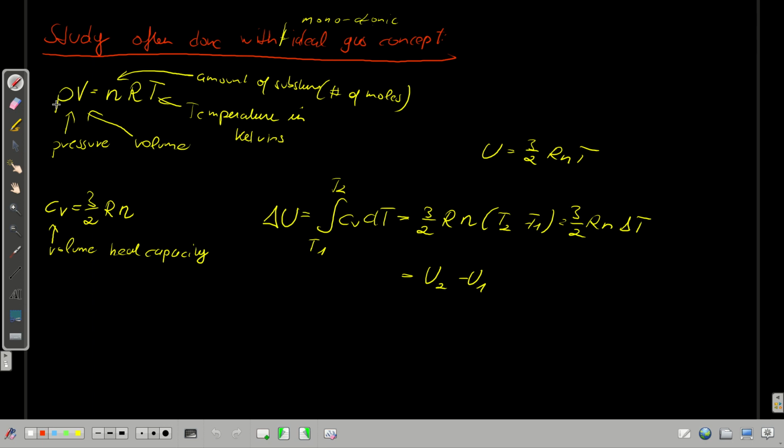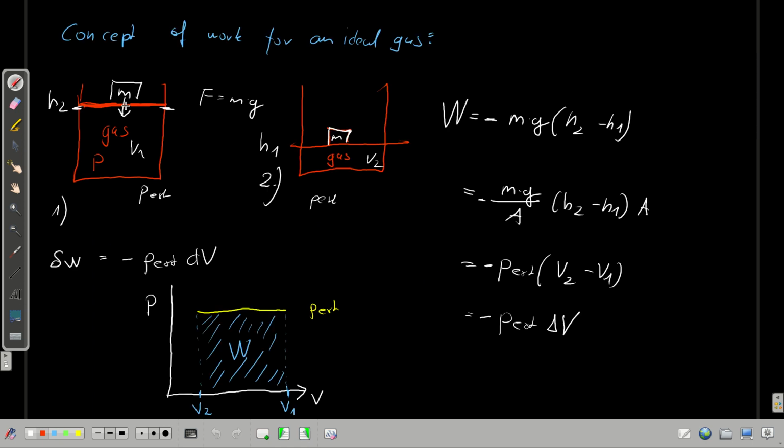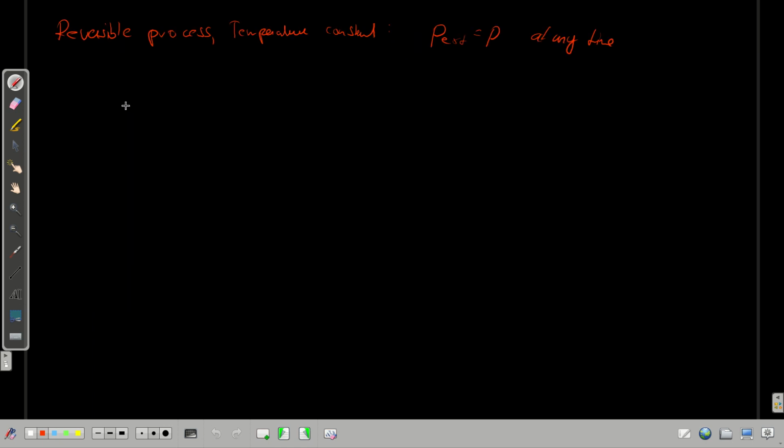So if P is the pressure inside the cylinder, we just can rearrange and get an expression for the reversible process at constant temperature. So dW, let's write this again, would be minus P dV, because P external is now P in the reversible process.